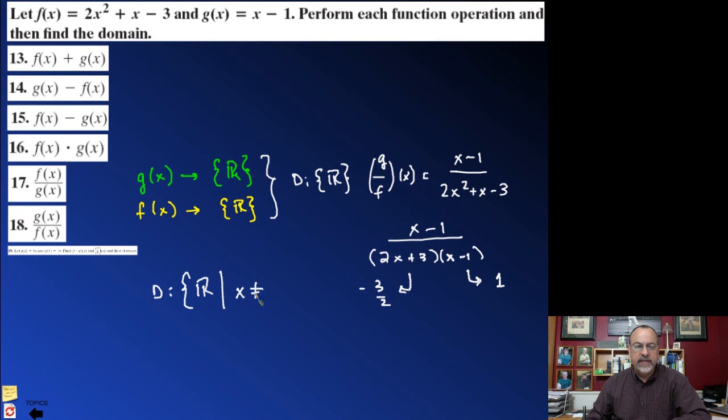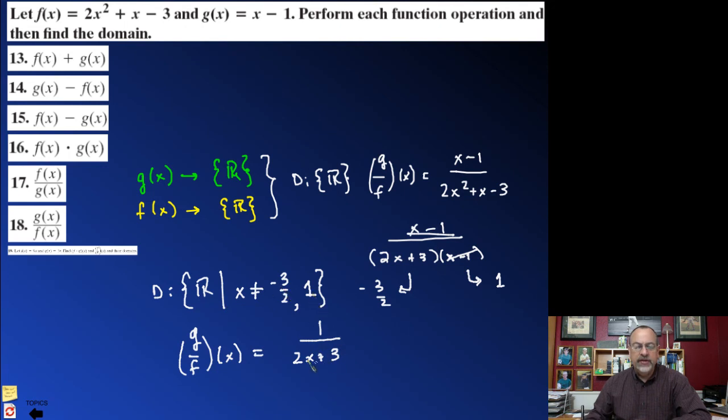So x cannot be negative 3/2, and it also cannot be 1. Then I can go ahead and finish reducing this, so I reduce those out. So the g function divided by f function resulting simplified function is 1 over 2x plus 3, and my domain would be all real numbers as long as it's not negative 3/2 and not 1.